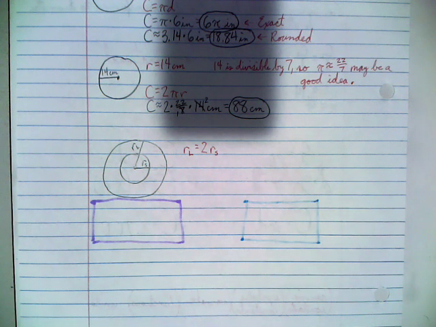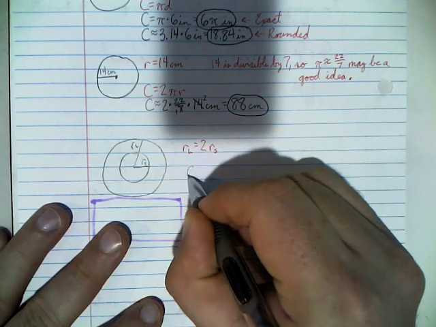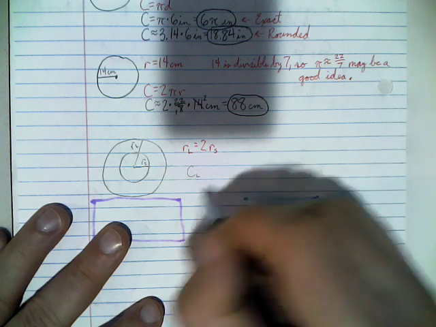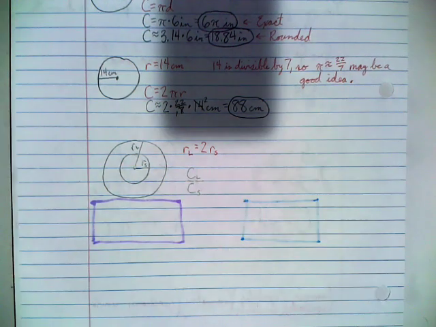One of the things that we may be asked from time to time is to compare one figure to another figure, or an aspect of one figure to an aspect of another figure. In this case, we might be asked to compare the circumferences of these two circles. If I wanted to make a ratio out of that, I might say the larger circumference compared to the smaller circumference.